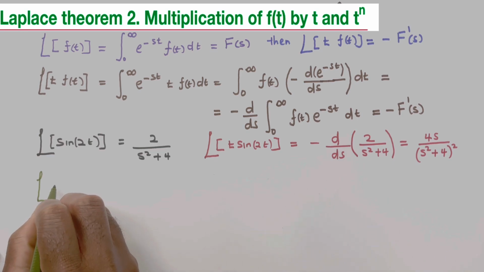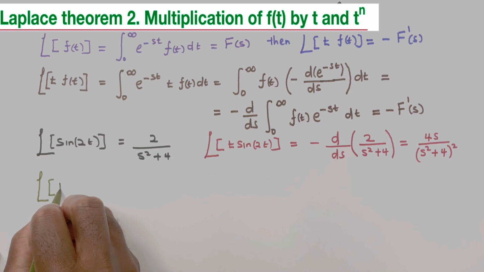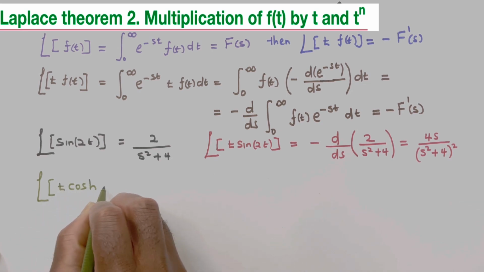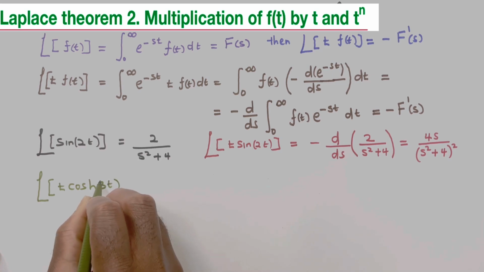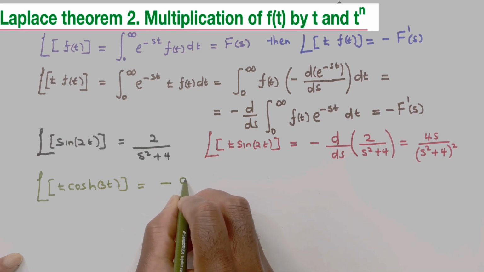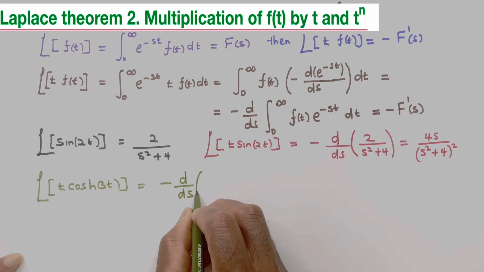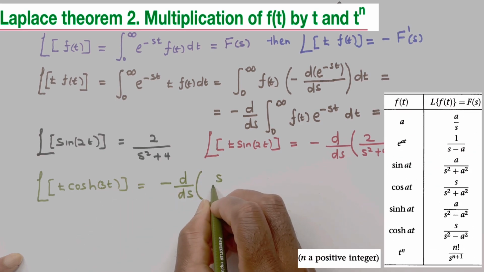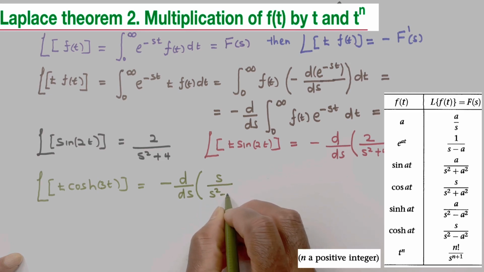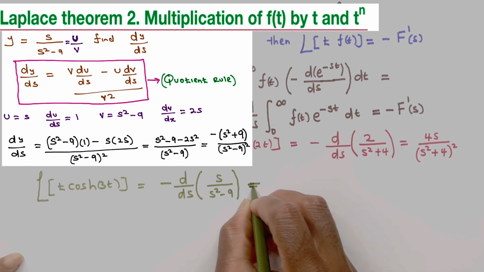Now let's do another example, t cos 3t. That should be minus d over ds. We know what cos 3t is on the table to the right, and we're going to differentiate that.